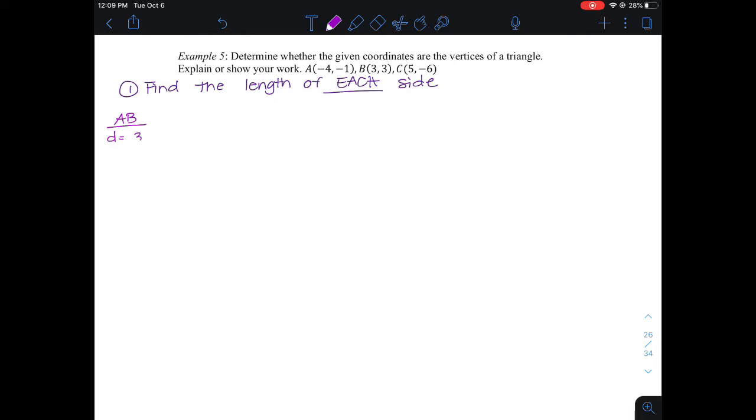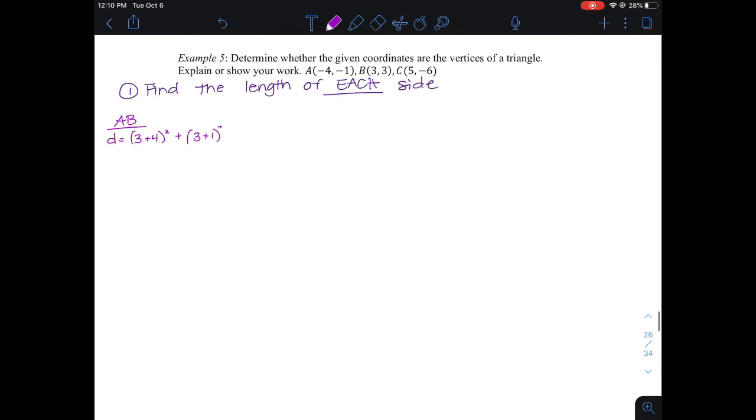Using the distance formula, I get 3 minus a negative 4 gives me plus 4 squared, plus 3 minus a negative 1 gives me plus 1 squared. Don't forget those square roots. So we get 7 squared, so 49, plus 16. So we get the square root of 65 for AB.